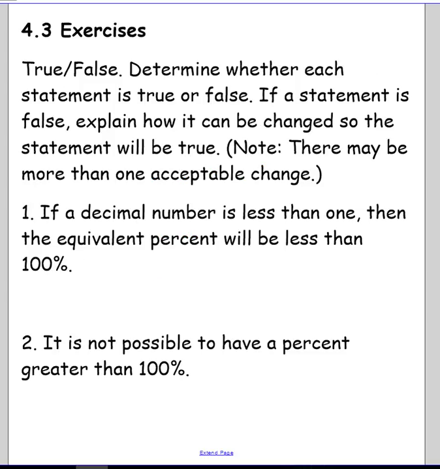So let's go to our true-false statements. First one: if a decimal number is less than 1, then the equivalent percent will be less than 100. Hopefully you remember that that's true. When we have a decimal with nothing in front of it, it's less than 1, so we have less than 100%, because 1 is the equivalent of 100%.